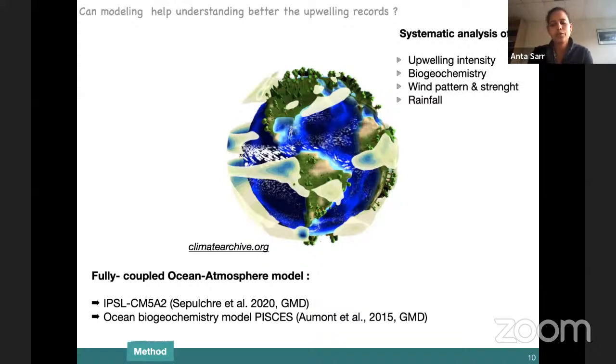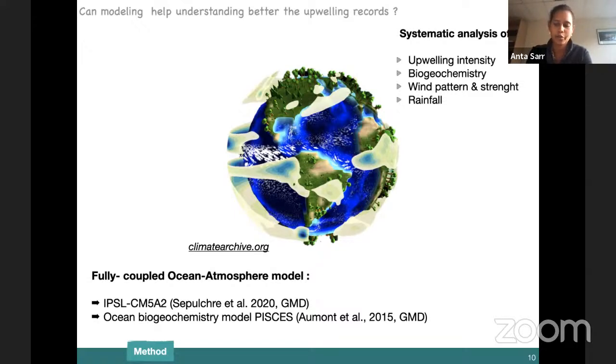In this work, I use a modeling framework that includes a typical ocean-atmosphere model, the IPSL-CM5A2 model, and also an offline biogeochemistry model for the ocean, which is the PISCES model, that I force with ocean dynamics fields from the coupled simulations.